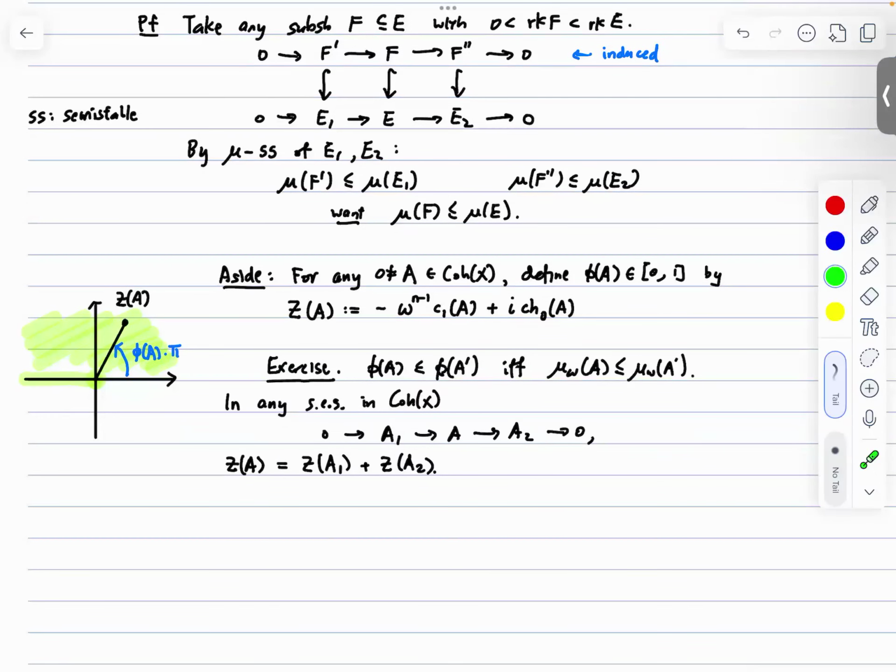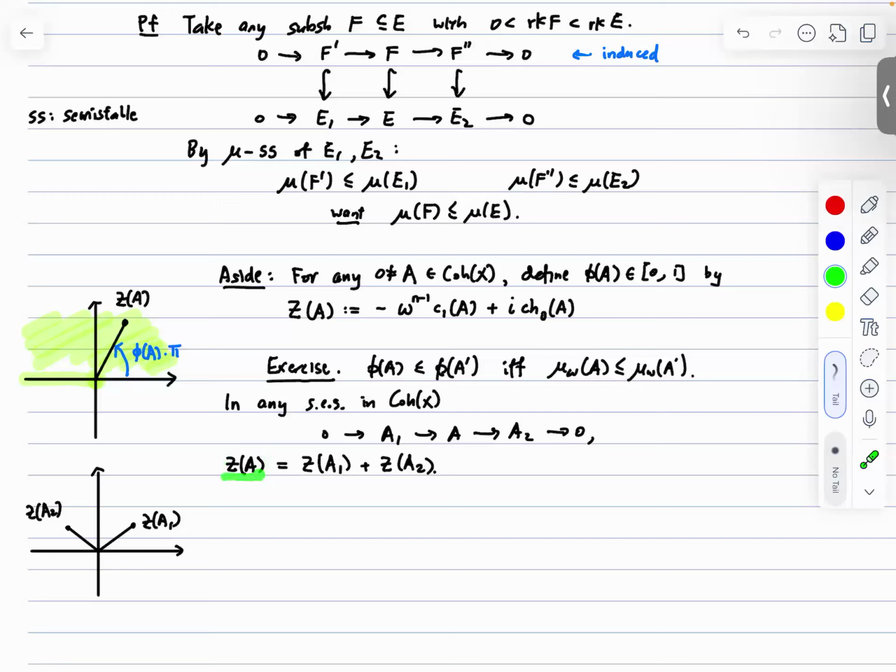Now let's think about this equation in terms of where these numbers are on the complex plane. So here's the complex plane again. Let's say maybe Z of A1 is here, and Z of A2 is here. We can draw these line segments from the origin. Then phi of A1 would be this angle divided by pi, and phi of A2 would be this angle divided by pi. Now to get the angle of A, or phi of A, we can look at where this number is on the complex plane.